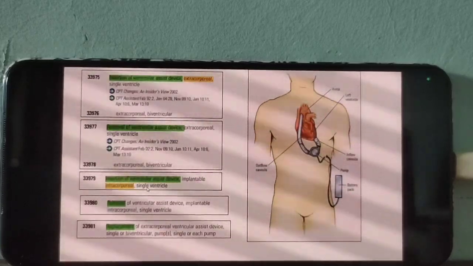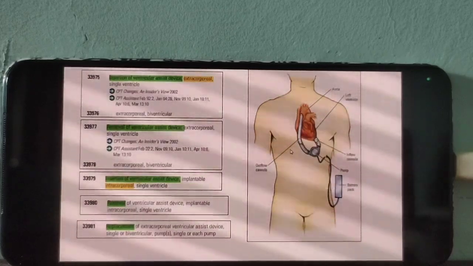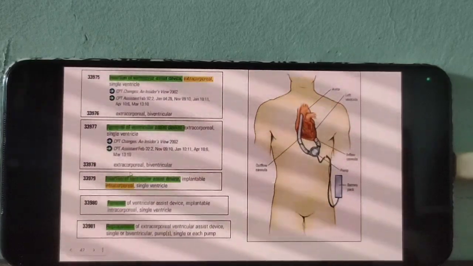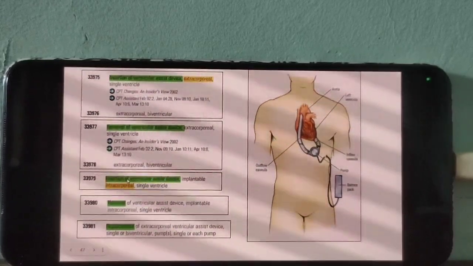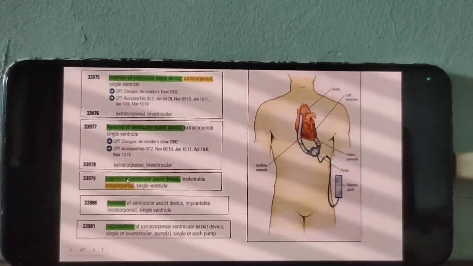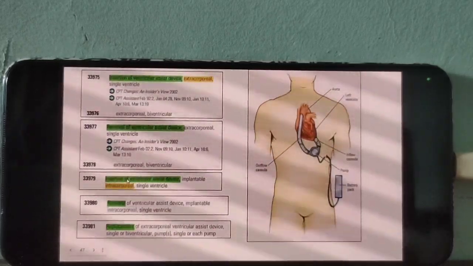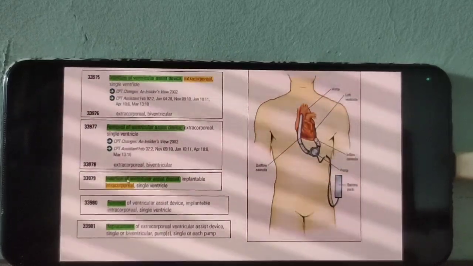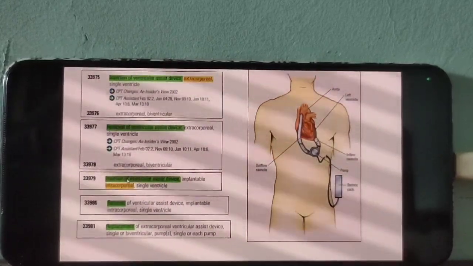Extracorporeal means the device is inserted internally as well as externally. Intracorporeal means the complete device is present inside our body only. That is intracorporeal.